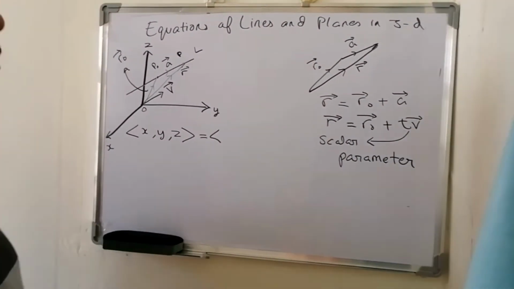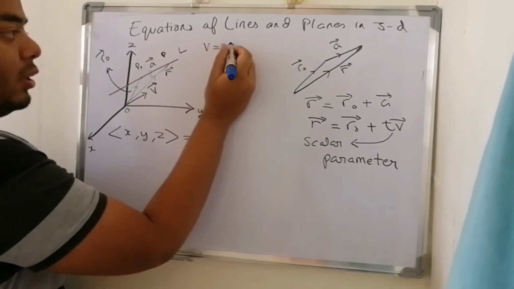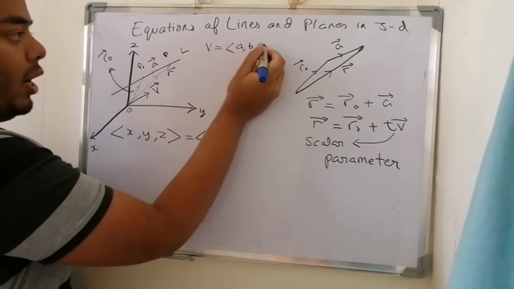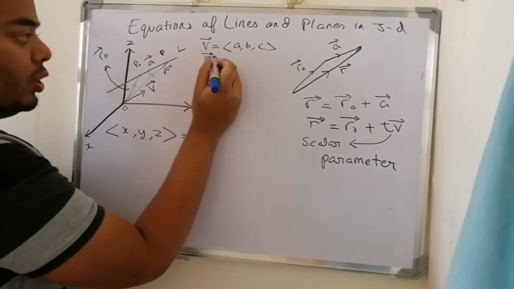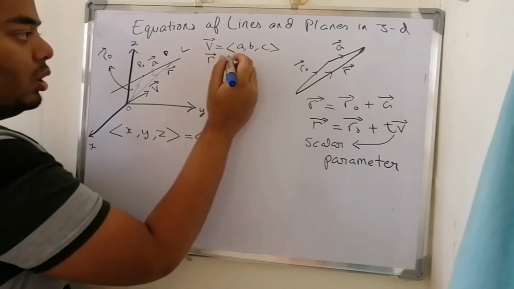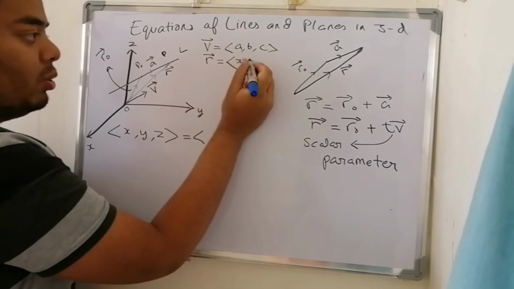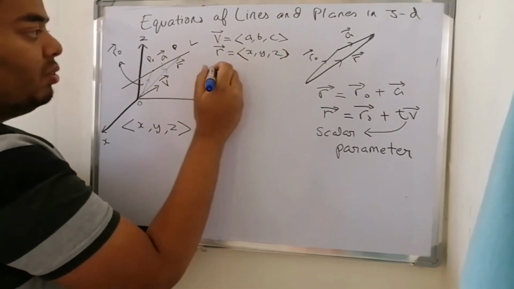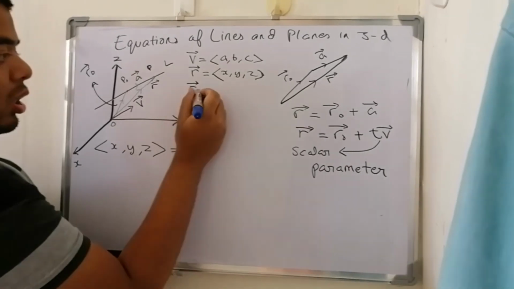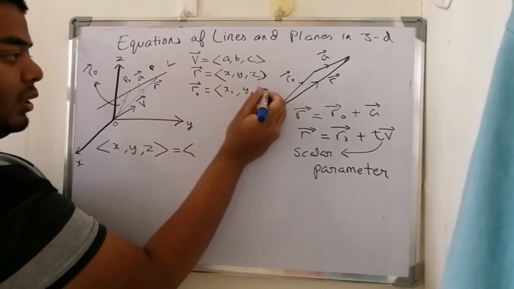I have written vector V as A, B, C, vector R as X, Y, Z, and vector R naught as X naught, Y naught, Z naught.